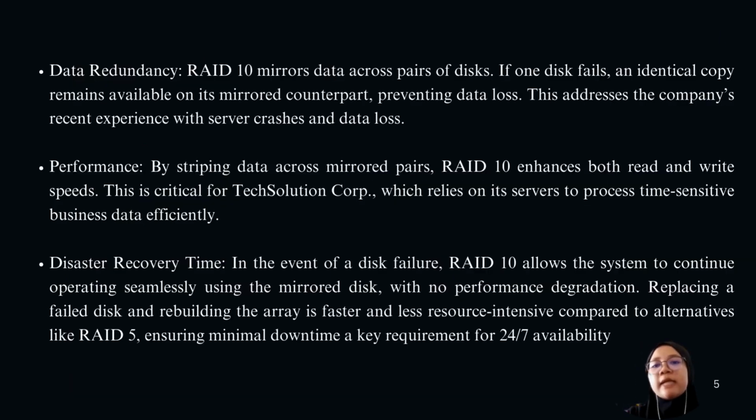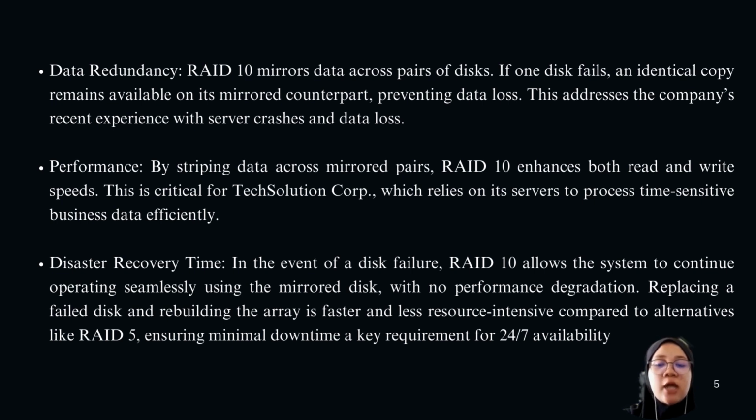So, what does RAID 10 offer this company? First is data redundancy. RAID 10 mirrors data across pairs of disks. If one disk fails, an identical copy remains available on its mirror counterpart, preventing data loss.